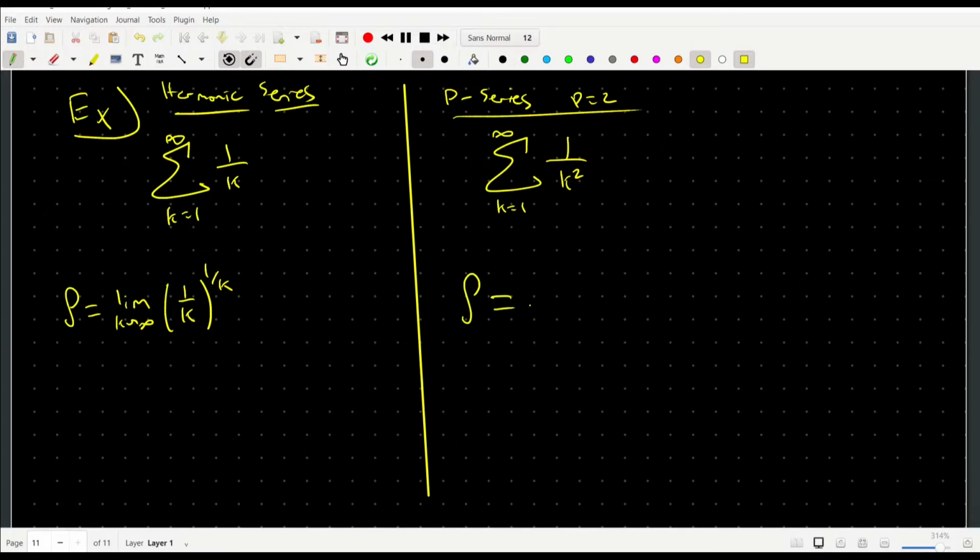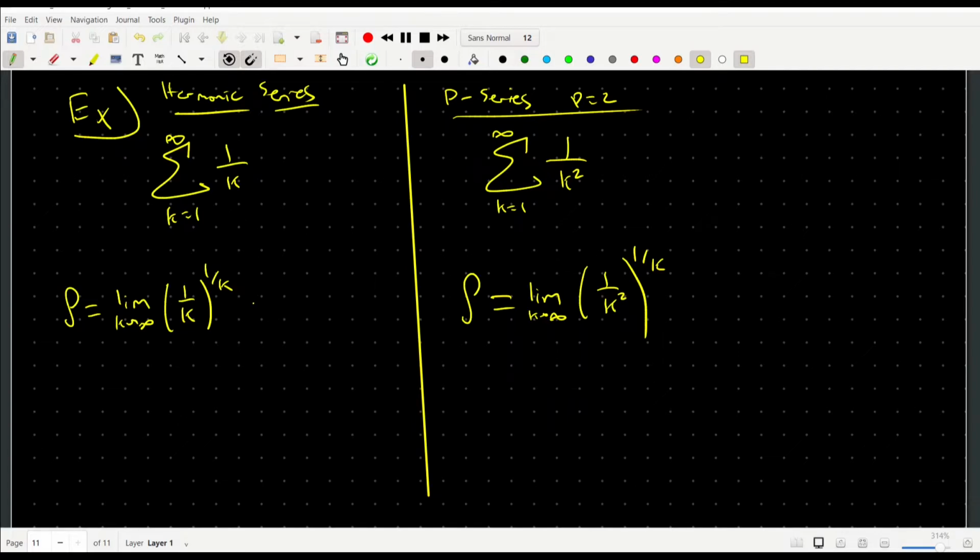And the limit for rho for the p series with p equals 2 is going to be the limit as k goes to infinity of (1 over k squared) to the power 1 over k. And we use L'Hopital's rule for exponentials, because this is a 0 to the power 0 indeterminate form, as well as this one right here.